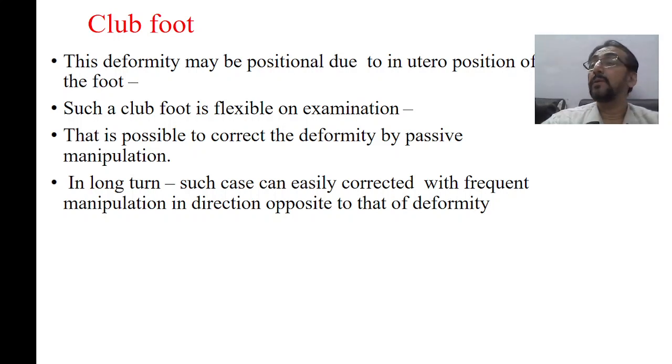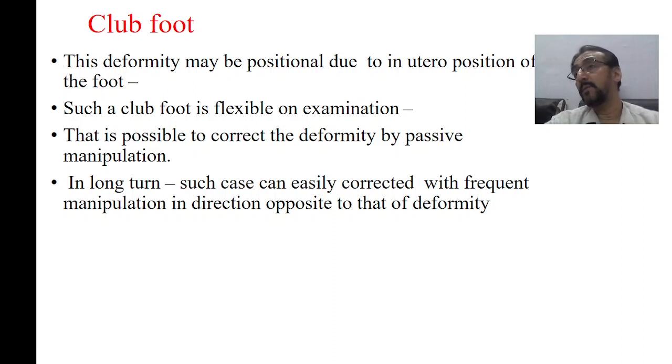So because of that in utero position only, the baby is having that particular club foot at the time of birth. This is most common. Okay, first we'll see the common things, physiological.